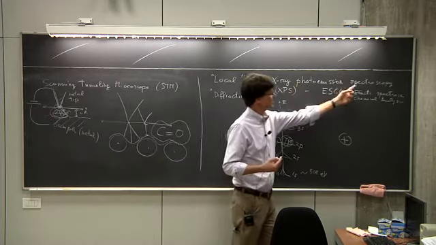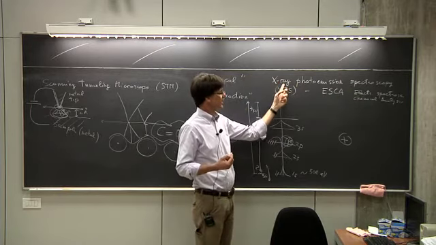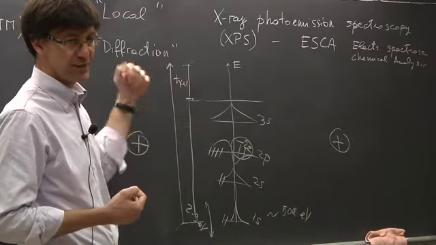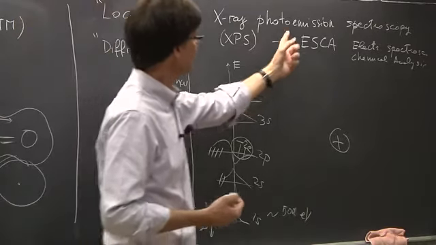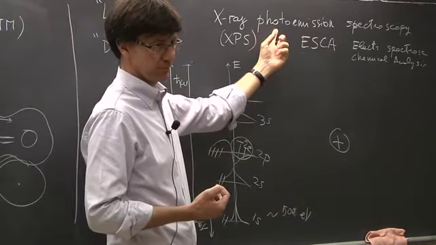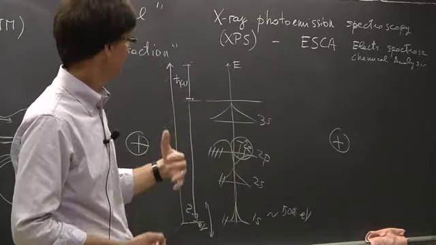So here we explain all the words, right? X-rays, because I need an X-ray photon to excite an electron out of the system. Photoemission, because I'm emitting the electron with a photon out of the sample.